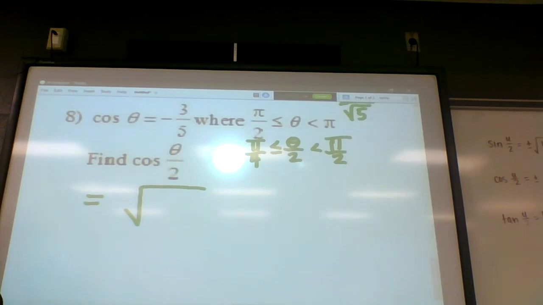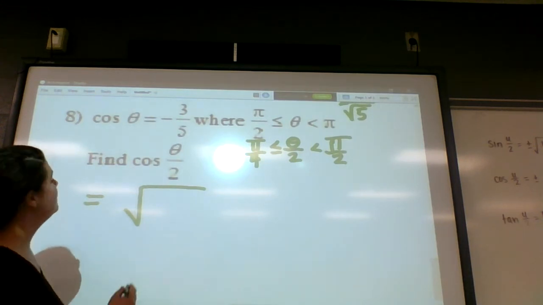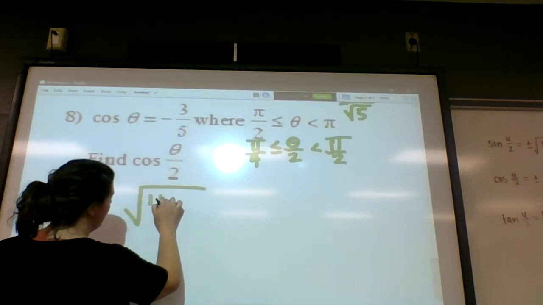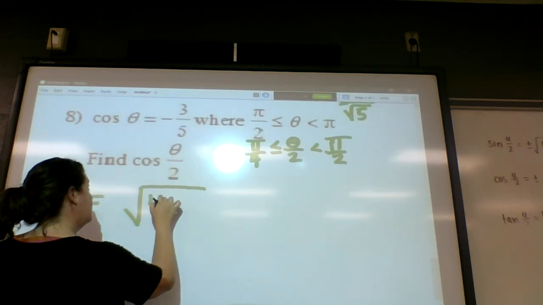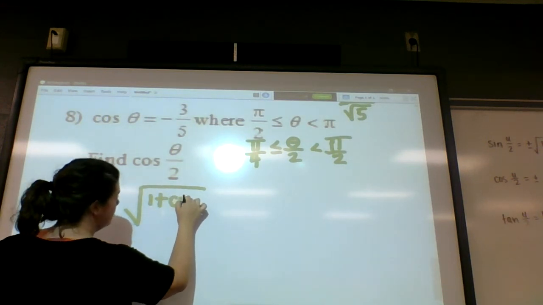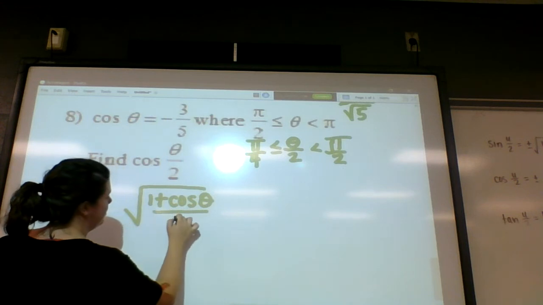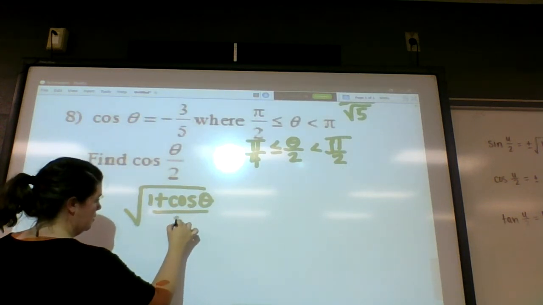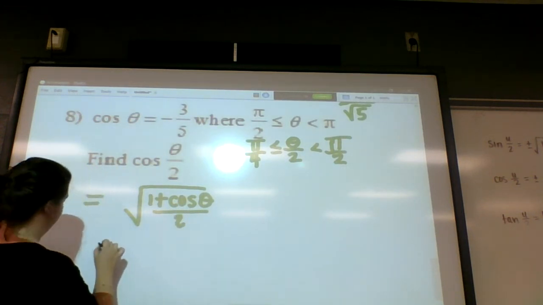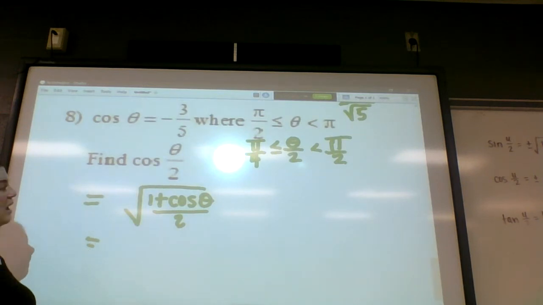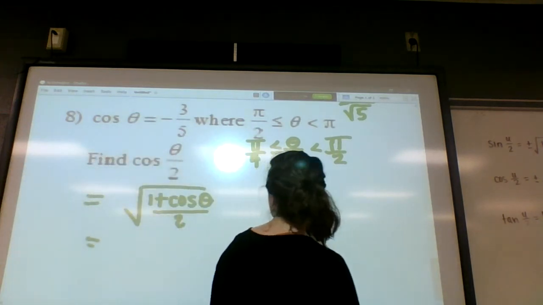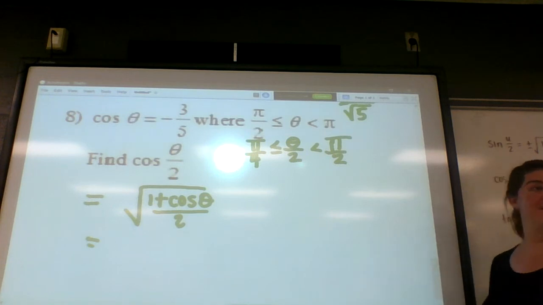All right, inside the square root for cosine of theta over 2, it's 1 plus the cosine of theta, all over 2. And the really nice thing is when you're looking for a cosine of theta, they actually give it to you, don't they?